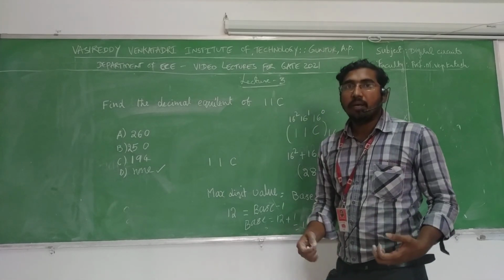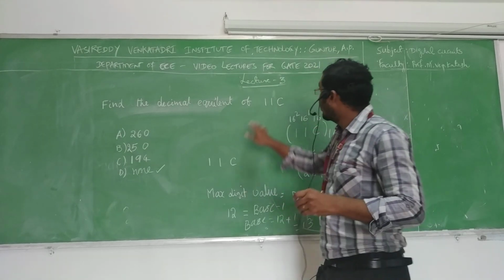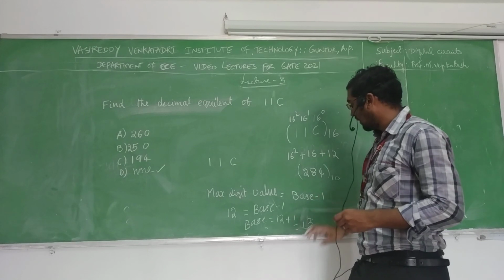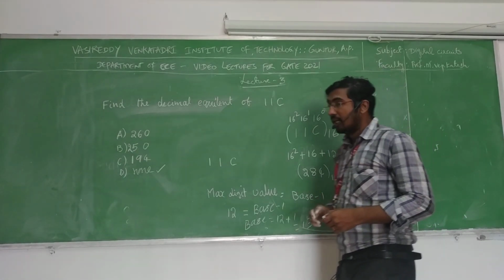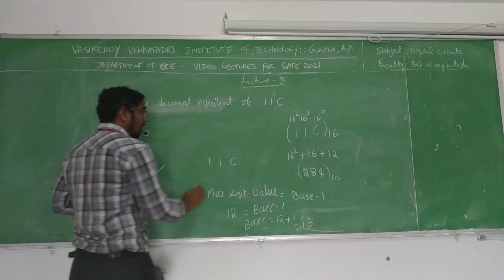So this is a way to find out the base from the given digits. As the digits are 1, 1, C, we consider the maximum digit value and we found the base, and the base comes out as 13. Now we take 13 as a base and solve the same problem.